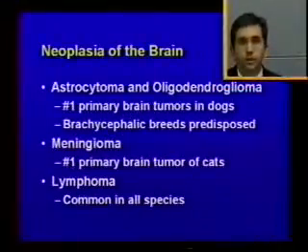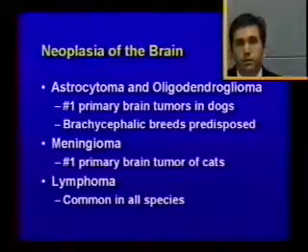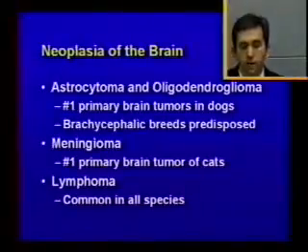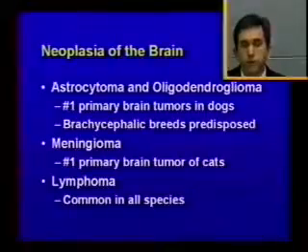Just to discuss briefly neoplasia of the brain. In small animals, particularly in dogs, there are two primary tumors that arise in the brain that are relatively common. And those are both of glial origin. So these are the supporting cells of the brain.